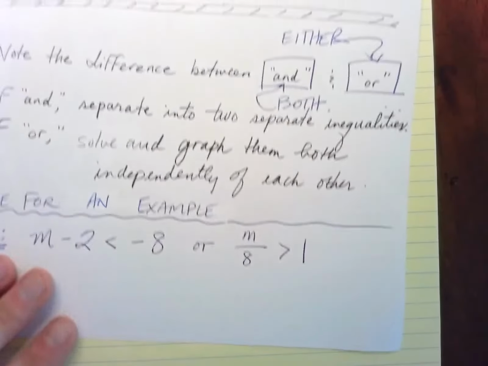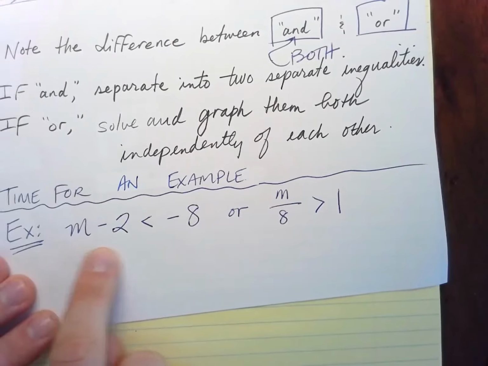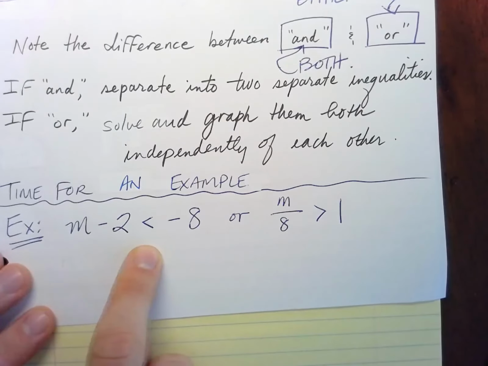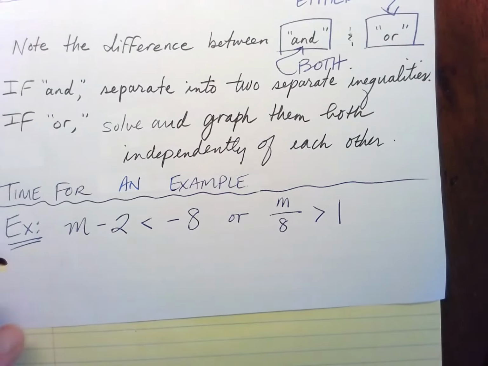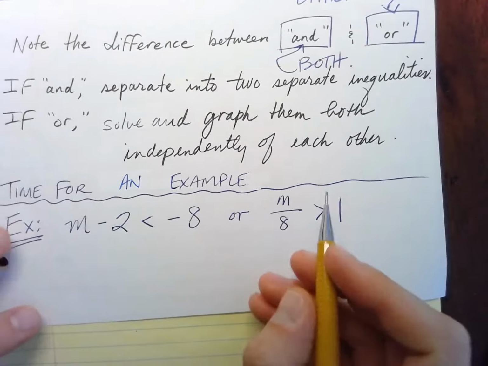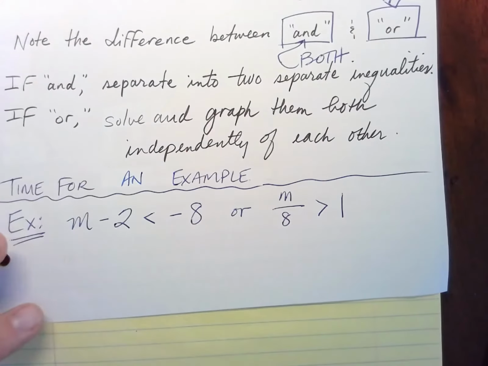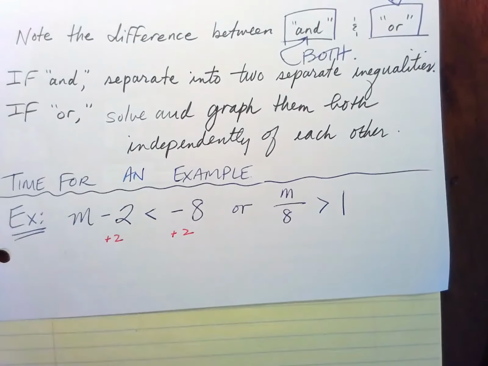An OR statement is a little bit different. So in this scenario here, m minus 2 is less than negative 8, or m over 8 is greater than 1. Well, let's look at these individually. Let's solve both of these for m. So we're going to add 2 and we're going to add 2.